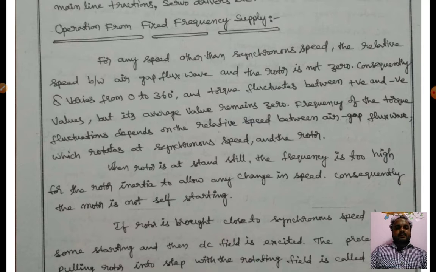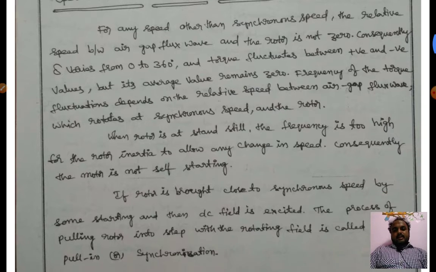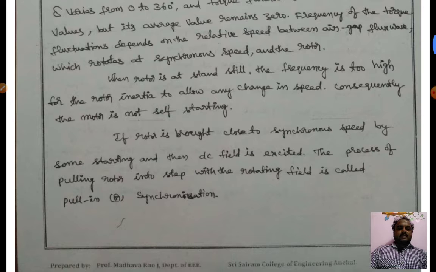Consequently, delta varies from 0 to 360 degrees. So in this mode the torque fluctuates between positive and negative values, but its average value remains 0. The frequency of the torque fluctuations depends on the relative speed between the air gap flux wave, which rotates at synchronous speed, and the rotor. When the rotor is at a standstill, the frequency is too high.